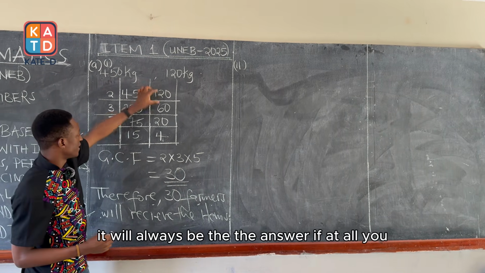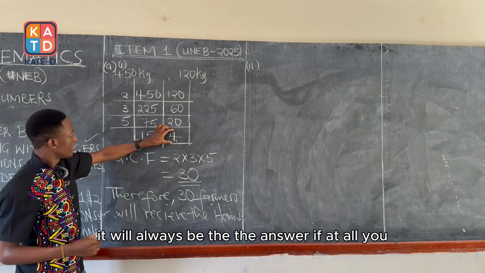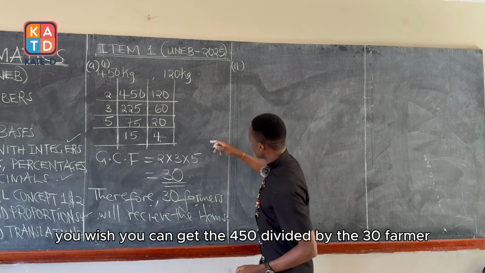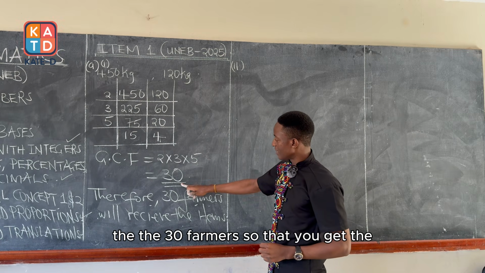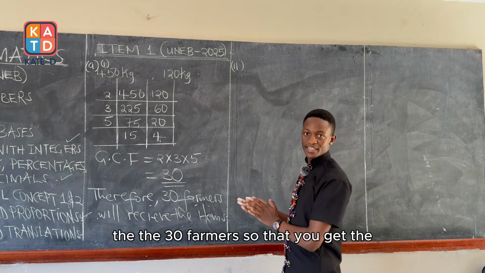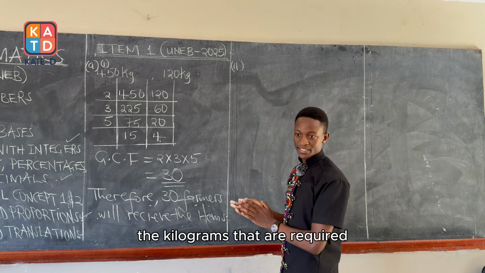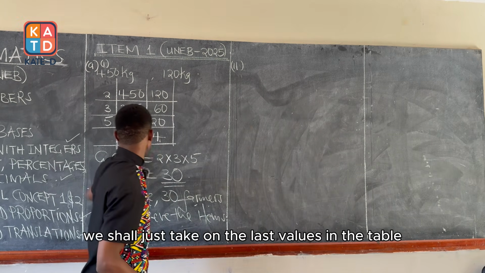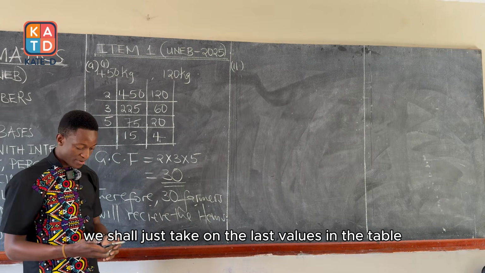It will always be the answer. If you wish, you can divide 450 by the 30 farmers to get the kilograms required, but in this case, we shall just take the last values in the table.